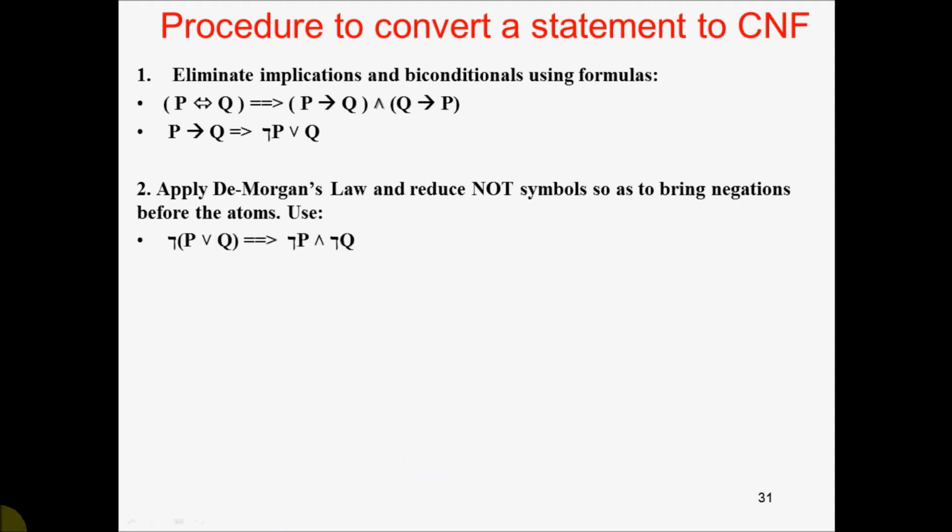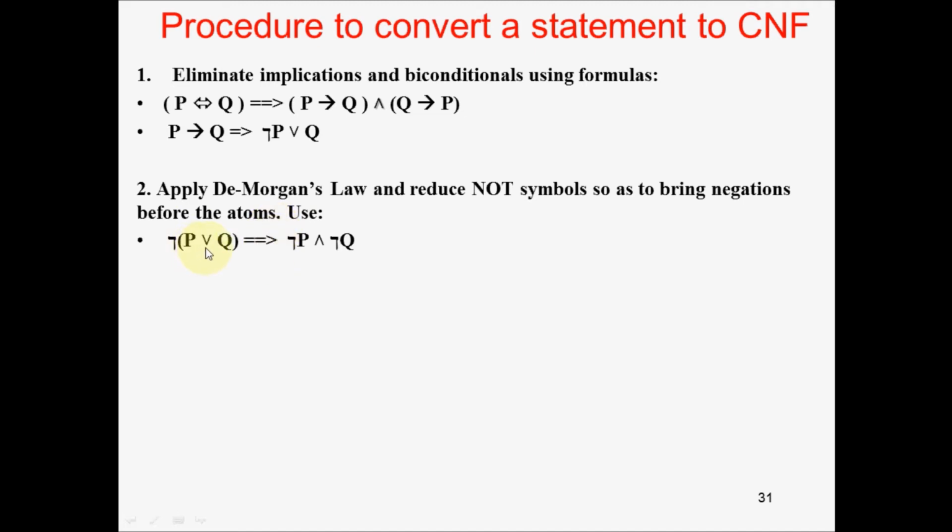Example, you see here, negation is present outside a sub expression P or Q. De Morgan's law applies this negation to each individual term inside the sub expression. So when not is applied to P, it becomes not P. When not is applied to disjunction, it becomes conjunction, and when not is applied to Q, it becomes not Q. So this is one formula.